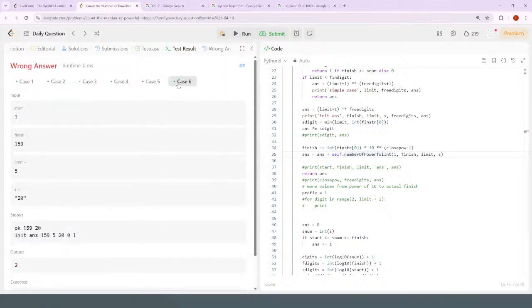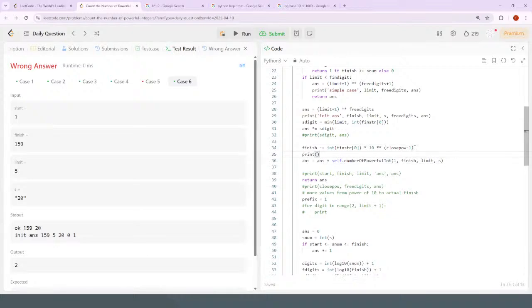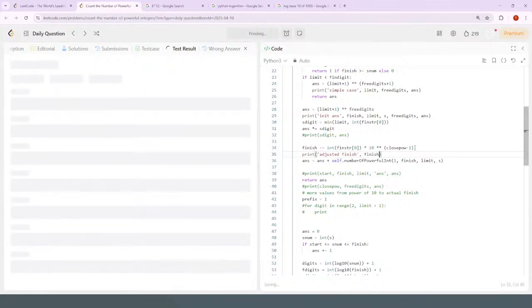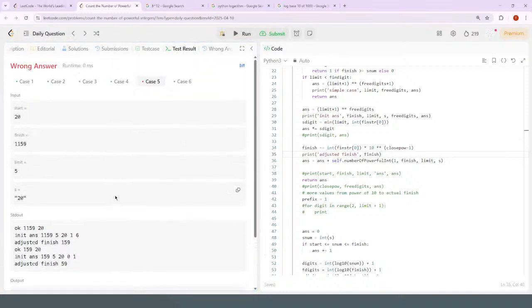Finish for 159, 520. 1 to 159. Let's go finish. Oh, interesting. It's doing it multiple times.